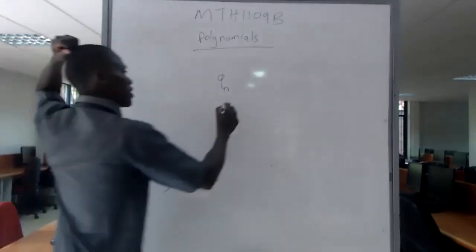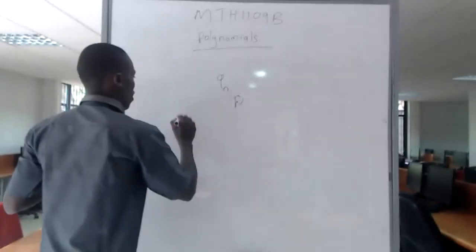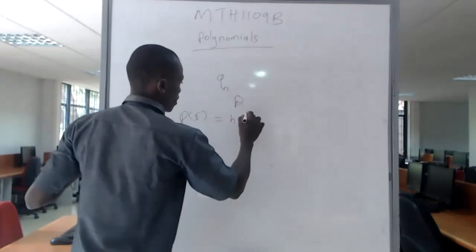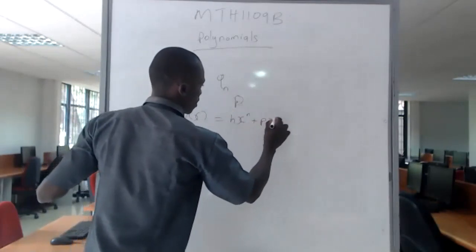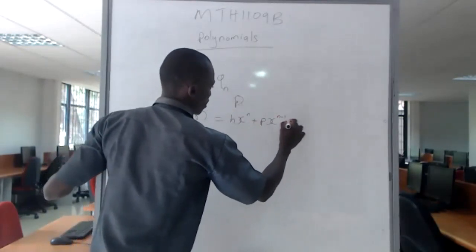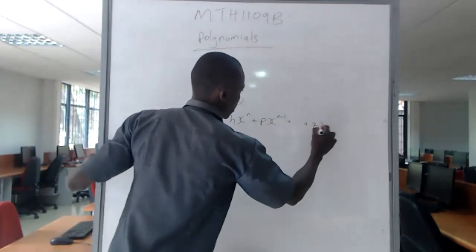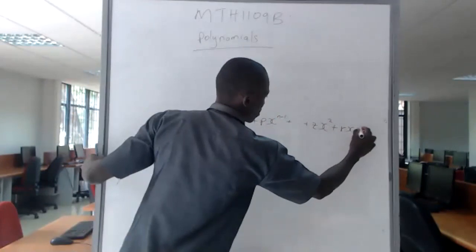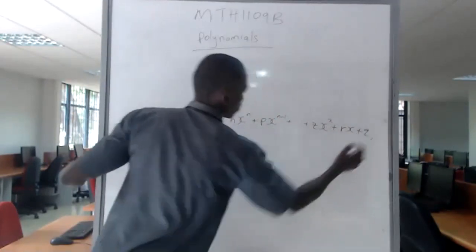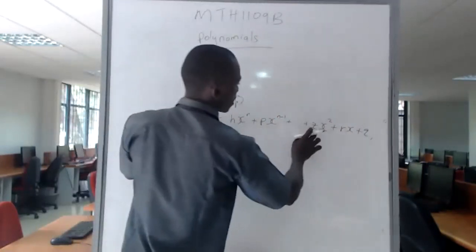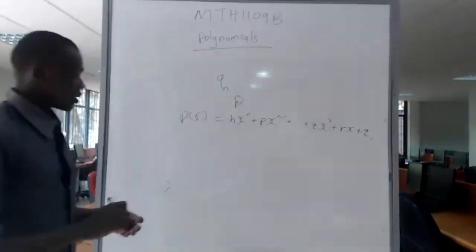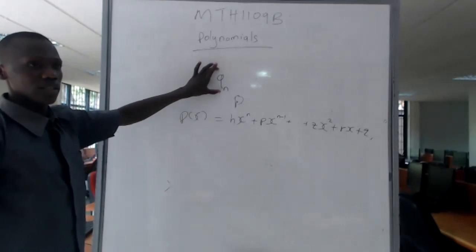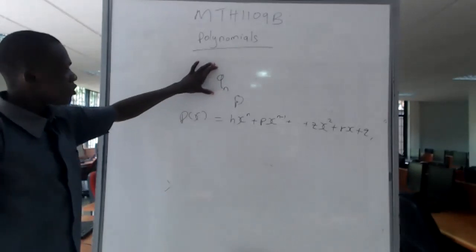I could as well have written our polynomial as p of x equals something like h x to the n plus p x to the n minus 1 plus z x squared plus r x plus q, where h, p, z, r, and q are numbers. This is not a base. I don't know whether I got your question.